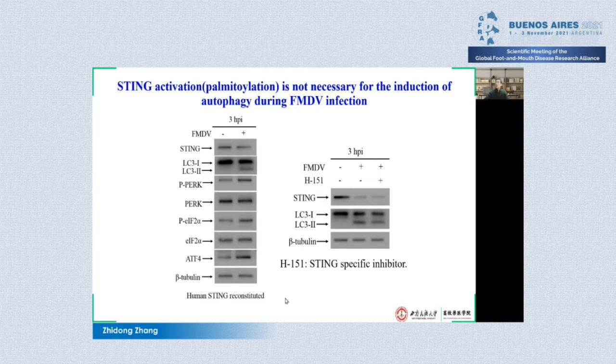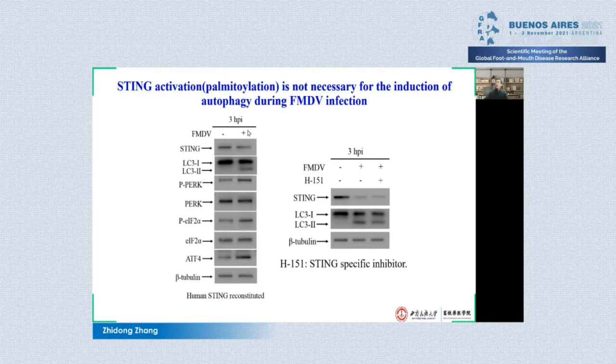However, this inhibitor only works on human and mouse cells. So to make porcine PK15 cells respond to this inhibitor, we first of all reconstituted human STING in the STING knockout PK15 cells.